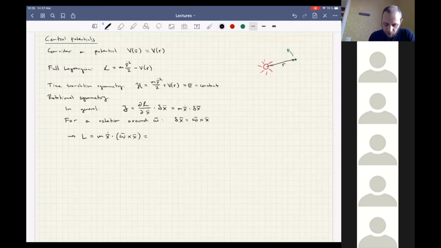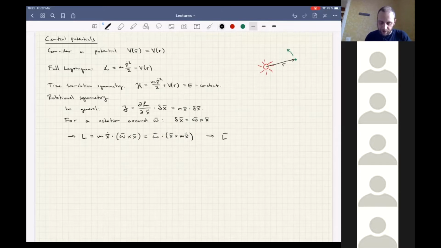So I'm going to pull out the omega, and we get x cross m x dot. And now, since this omega is arbitrary because we have rotational symmetry about any axis, this thing here, the x cross m x dot, must be a constant vector.